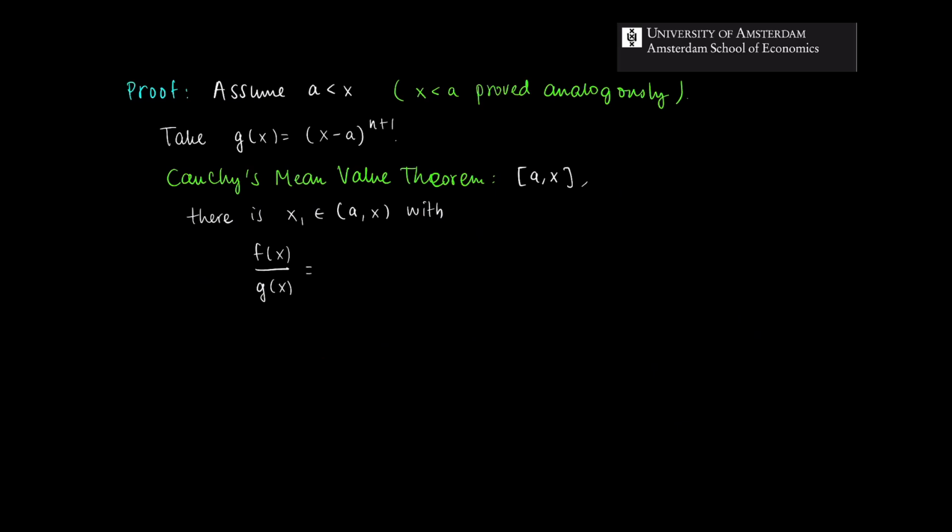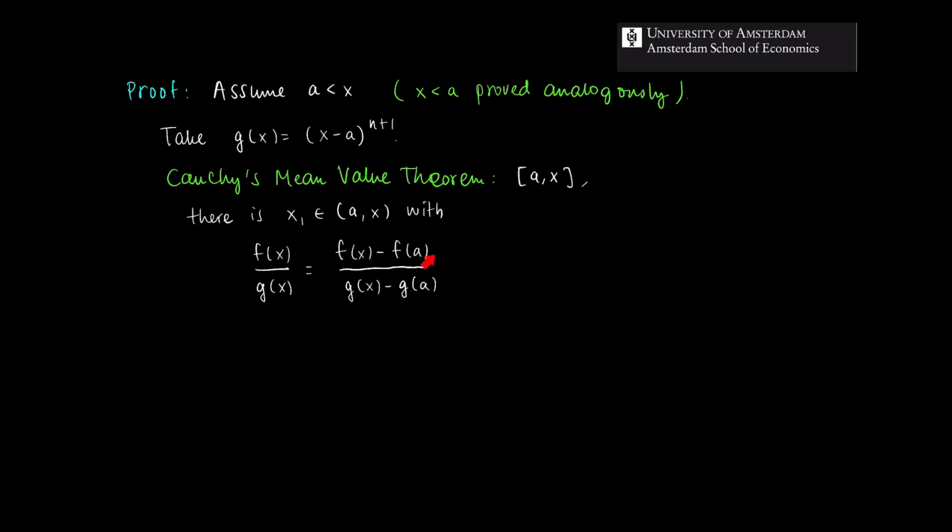We know that f(a) equals 0, so we can write it as f(x) minus f(a), and g of x is non-zero, but if we plug in a in the description of g, we find a minus a, so that one is 0, so we get g(x) minus g(a).